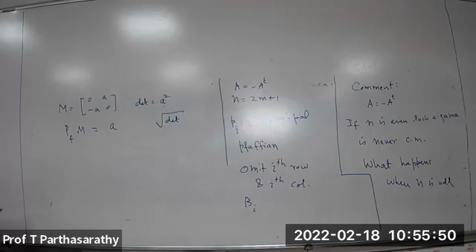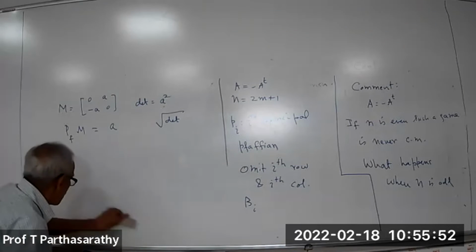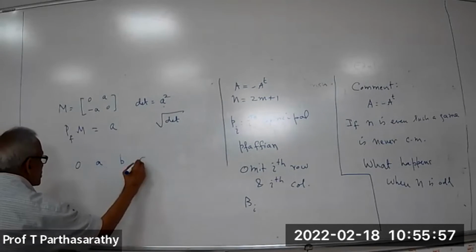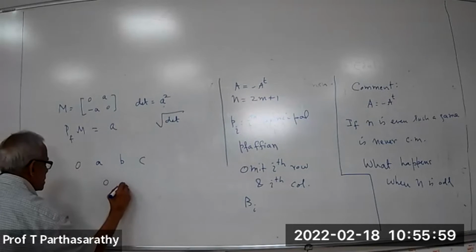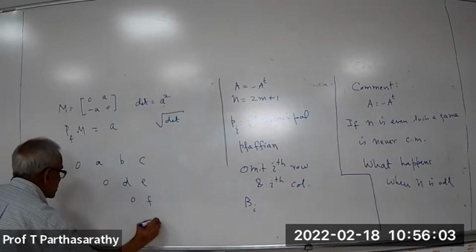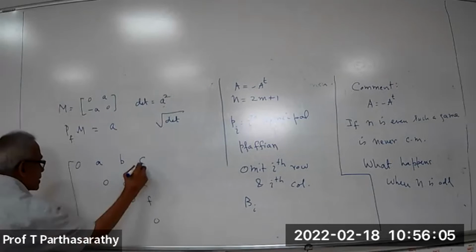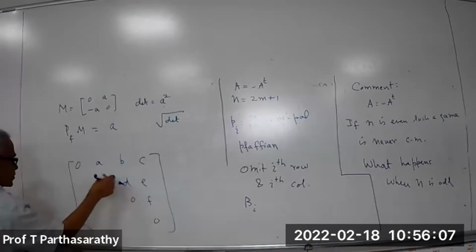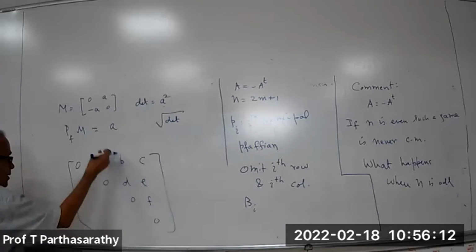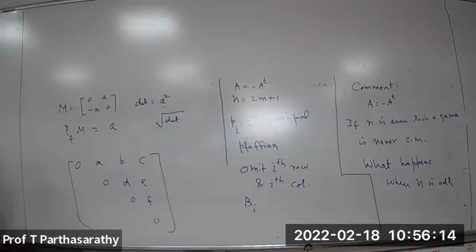Now let me go to the fourth order, 4 by 4. The matrix is 0, A, B, C, then 0, D, E, then 0, F, then 0. The other entries you can complete because it's a skew symmetric matrix. Some of A, B, C may be positive, some may be negative, so I'm not assuming anything. These are real numbers, that's it.